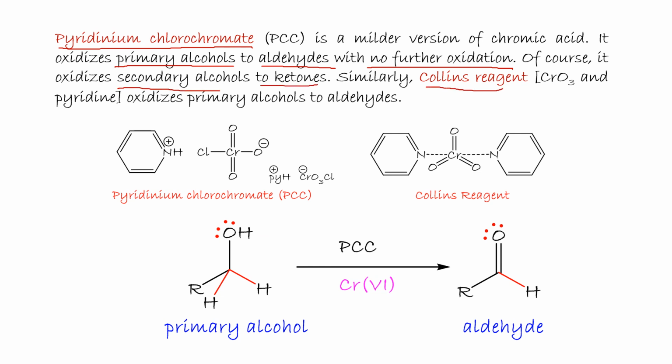Similarly, Collins reagent, which is chromium trioxide in pyridine, that's Collins reagent. It's a complex between the nitrogen of pyridine and the chromium in chromium trioxide, whereas pyridinium chlorochromate is chromium trioxide, HCl and pyridine, to form this salt.